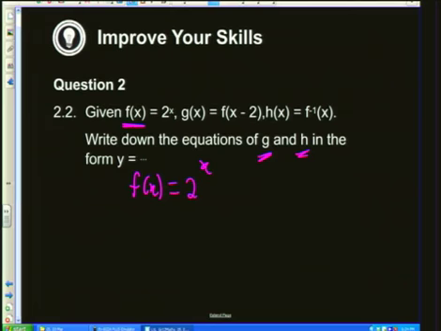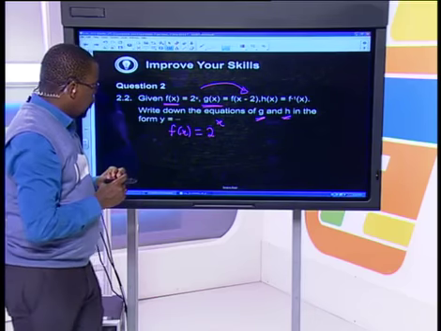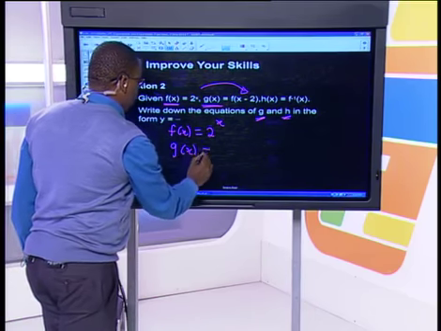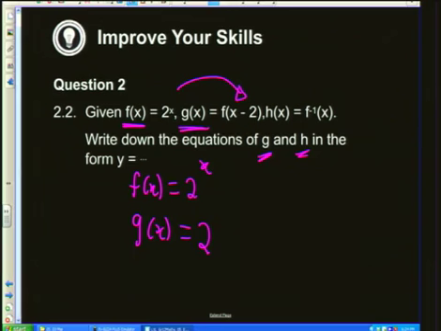I need to work out what g of x is, but I follow the instruction. To get g of x, in the place of x of the function f, you need to sub in x minus 2. So now g of x will be 2 to exponent, in the place of x, now it is x minus 2. And we need to simplify that.